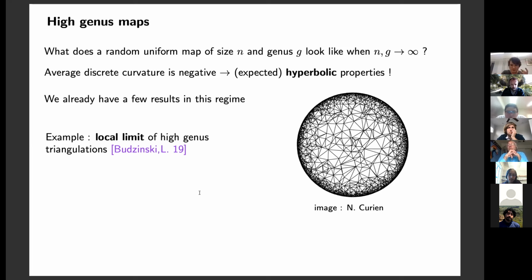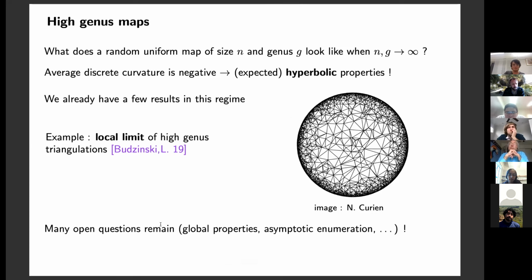Now the local limit is the complete opposite. You zoom in and you look at what the neighborhood of a point looks like. There's a proper notion to define this rigorously. I'm not going to dive into the details, but here is an image, a representation of what this kind of object and its local limit look like.